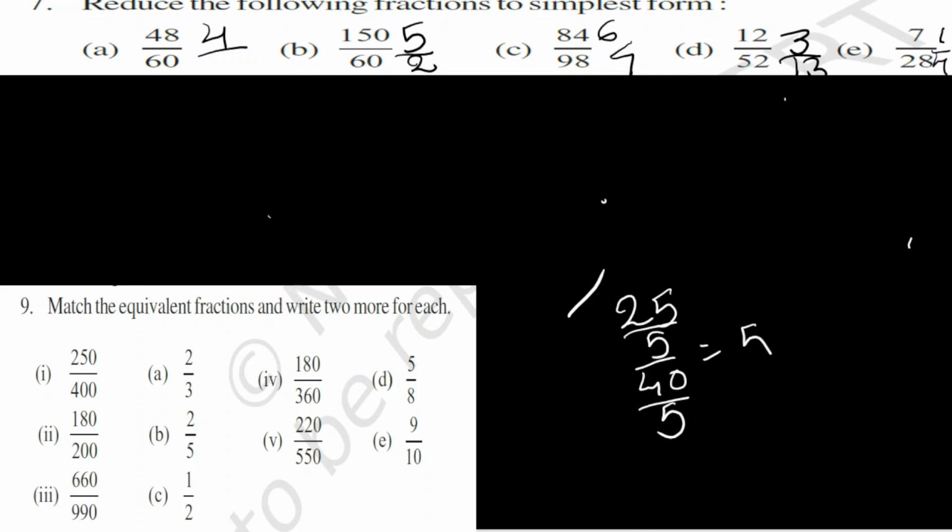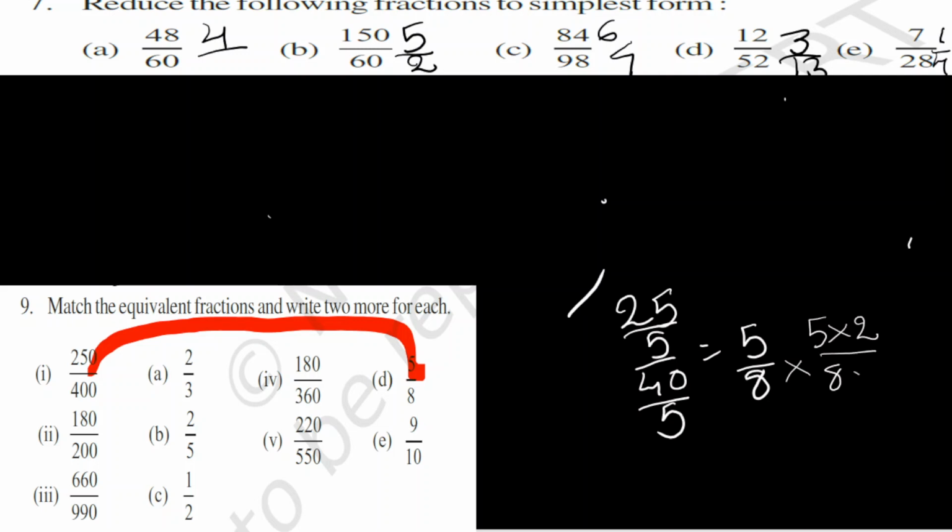This is nothing but 5 by 8. 5 by 8 is the simplest form of 250 by 400.